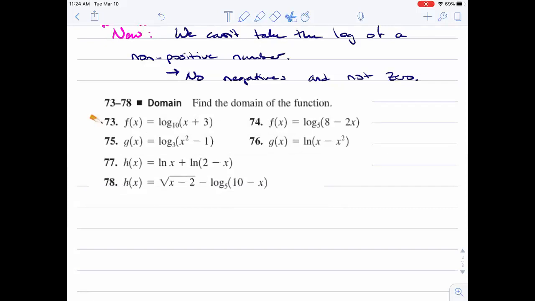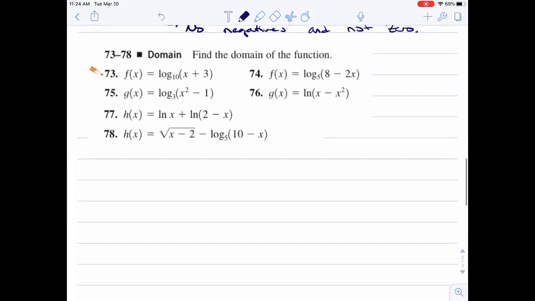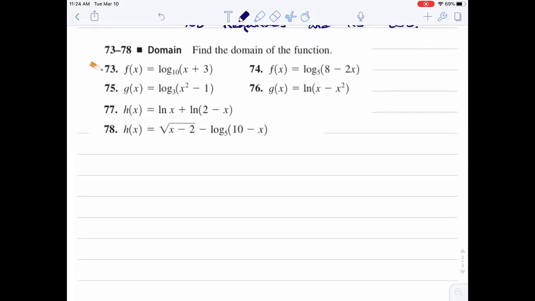So if we want to find the domain of these things, then we can start a little bit slower, right? And we can look at 73, and then maybe let's jump to, or should we do all the evens maybe? Let's do it. 74. And I want to do quite a few in here just because it's going to be important for us to know how to find the domain.